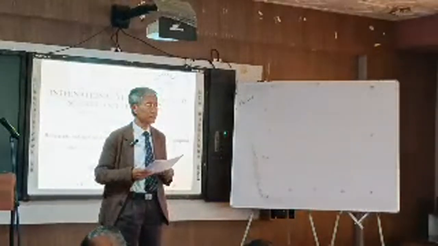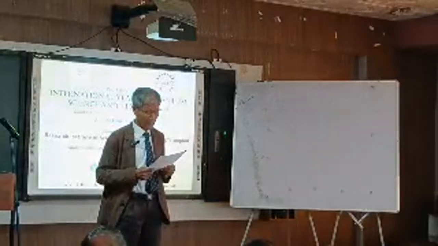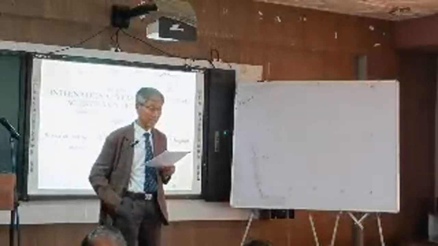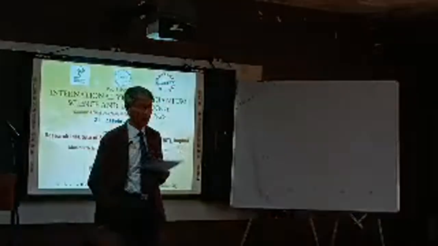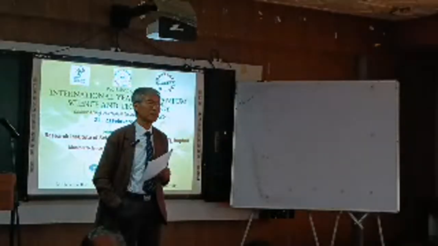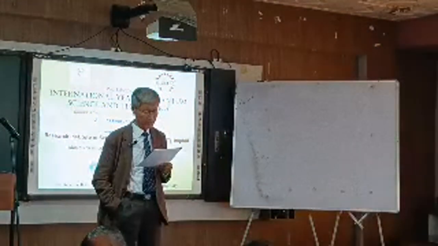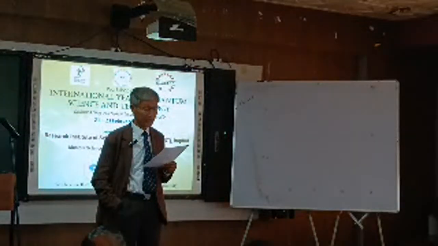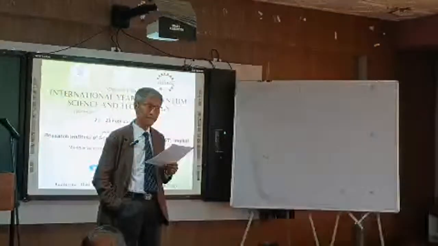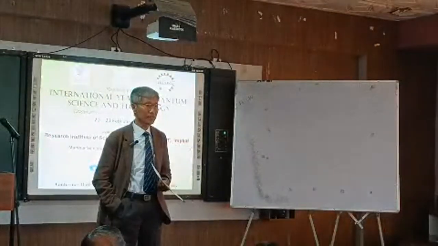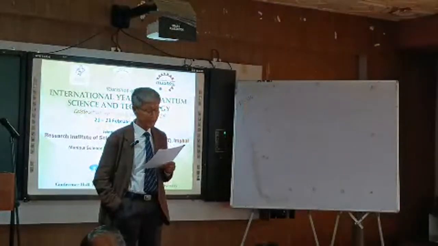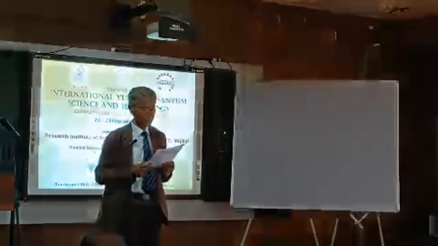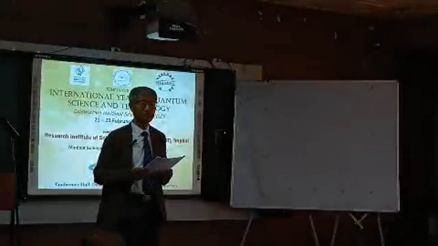In 1935, Einstein, Podolsky, and Rosen published a paper in Physical Review. The title of the paper is, Can Quantum Mechanical Description of Physical Reality Be Considered Complete? Let me read again: Can quantum mechanical description of physical reality be considered complete?